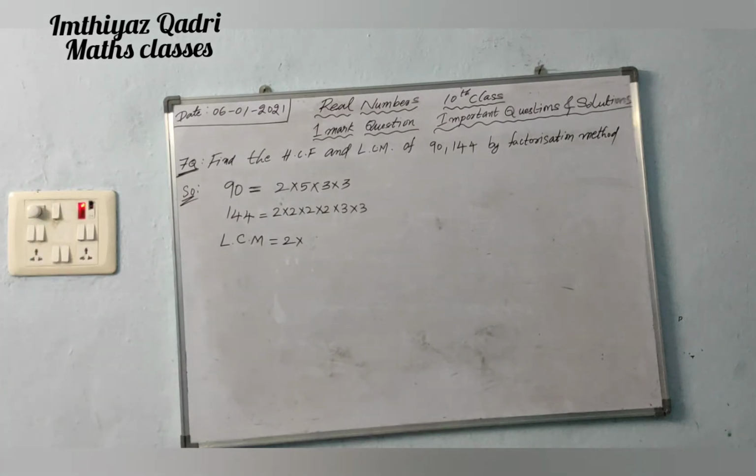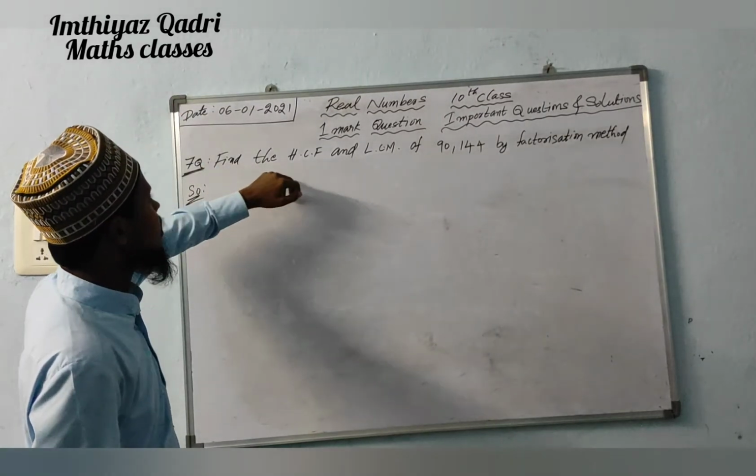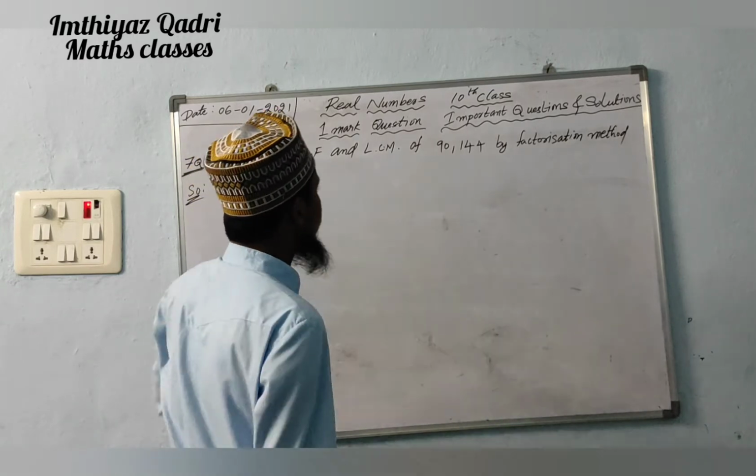Seventh question: find the HCF and LCM of 90 and 144.